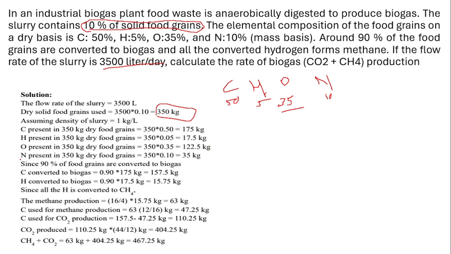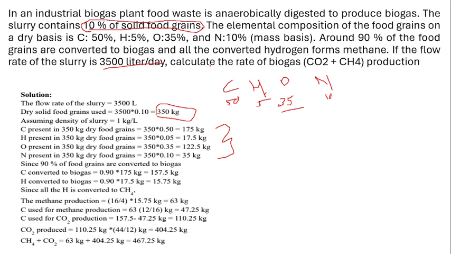Now the amount of nitrogen present in 350 kg is 350 into 0.1, since it is 10%, so it is 35 kg. Now we know the mass of CHON for the 350 kg of solid food grains in the slurry.